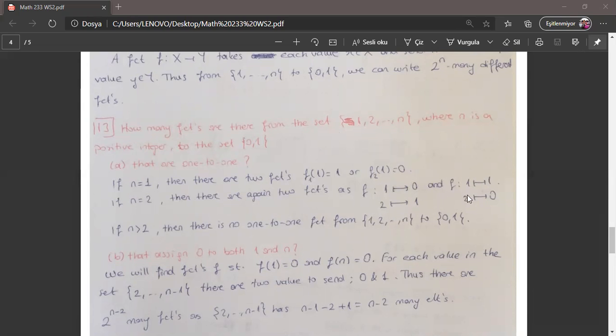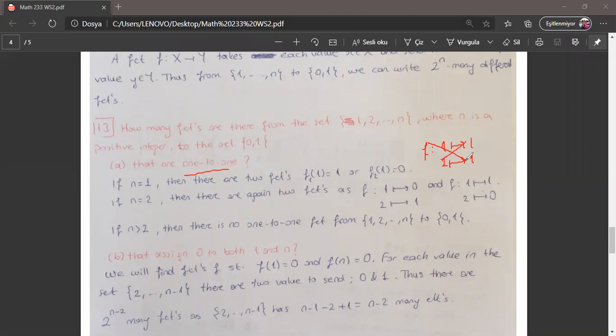So again, we have 2 functions. We cannot write a function which takes 1 and sends it to 1, and which takes 2 and sends it to 1 again, because we want it to be one-to-one, okay?